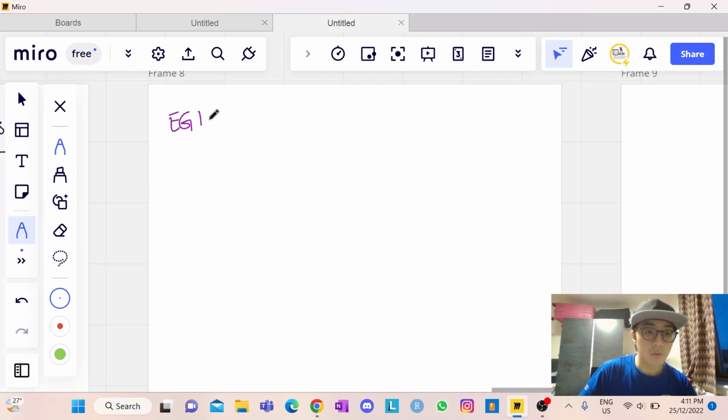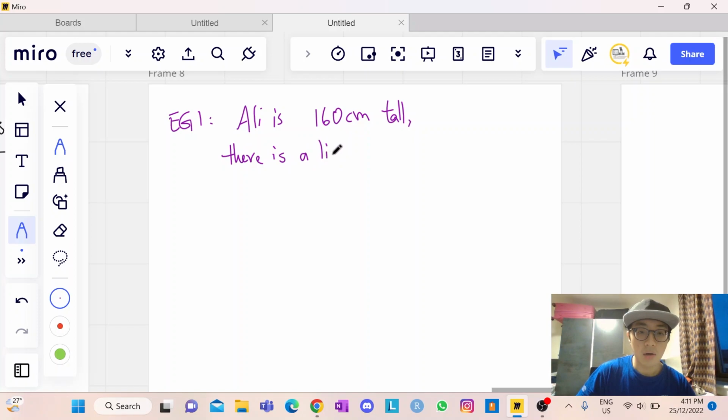Example number 1 will be about angle of elevation. Ali is 160 cm tall. There is a lighthouse 1 km away.